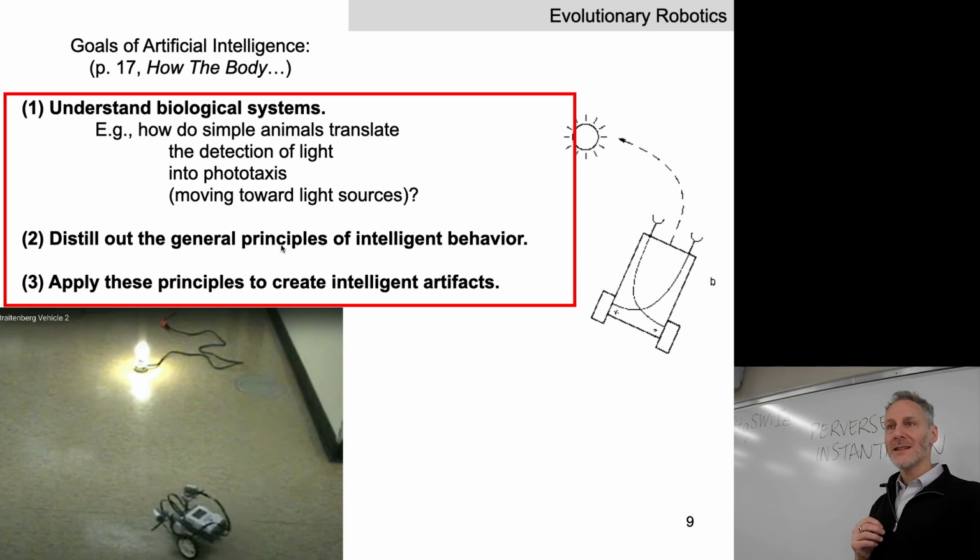What might be some candidates for general principles of intelligent behavior? What can't we throw away? What do you do? What are you capable of that allows you to survive and learn and self-improve and adapt that we should probably build into machines as well?